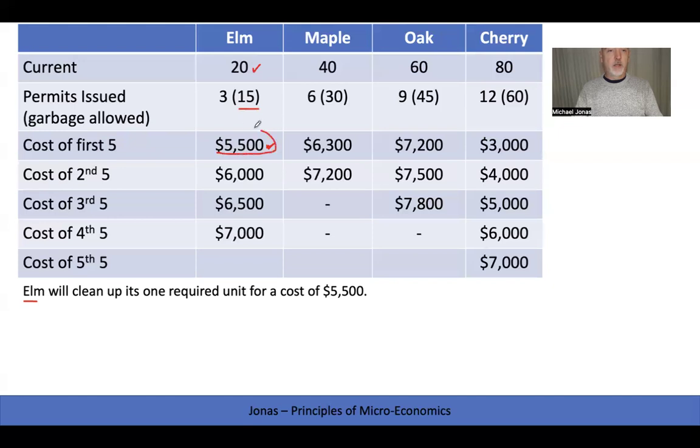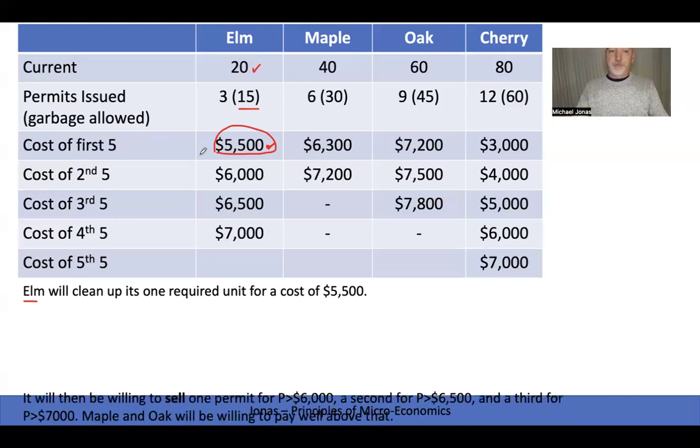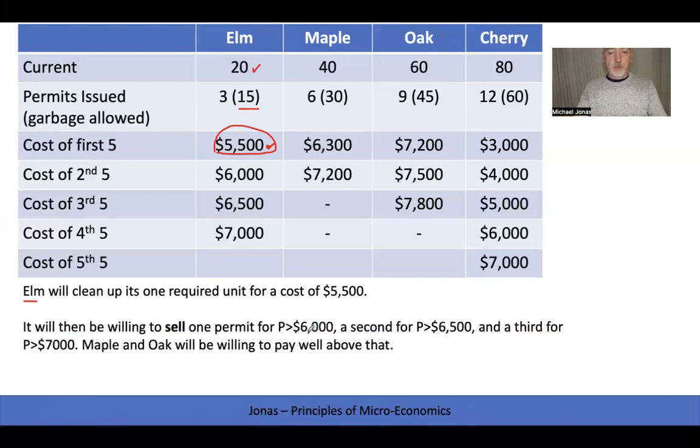So it's going to spend that $5,500, and now it's in compliance. But it also has 3 permits in its pocket, right? And it can keep those permits as well, or it can sell one of those permits and clean up an additional unit. And that's what's going to happen, right?